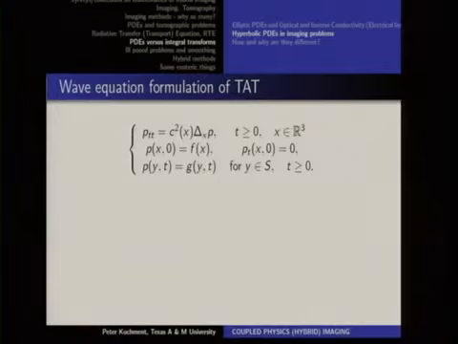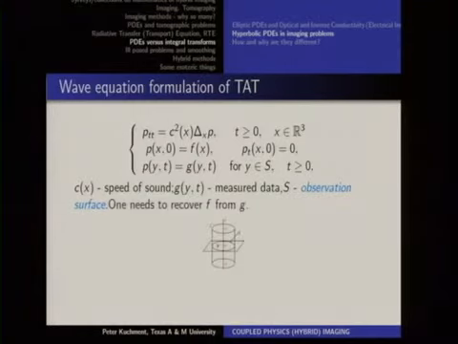These are the initial conditions that you started with. This f of x you don't know. The second condition I will not explain, but it holds in the setup that is used. And what do you measure? You measure the value of your pressure on your observation surface.